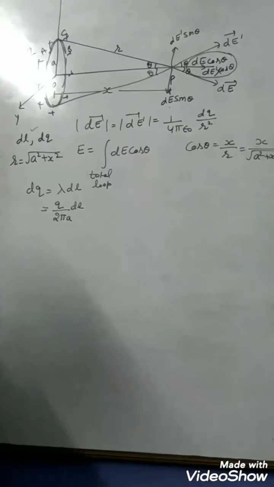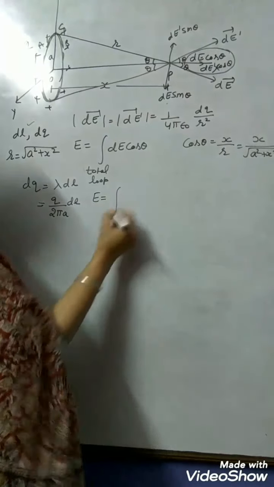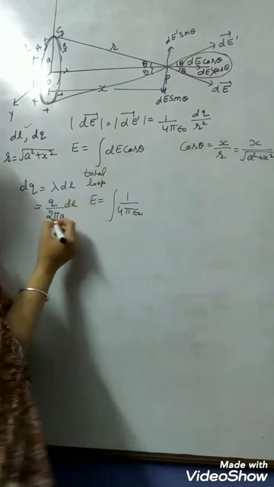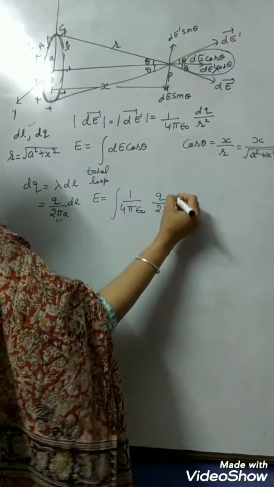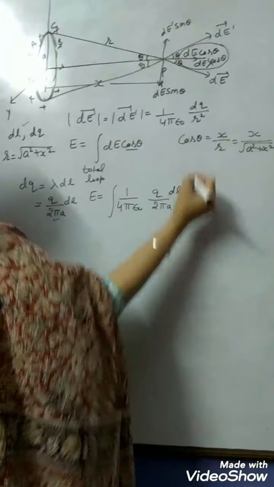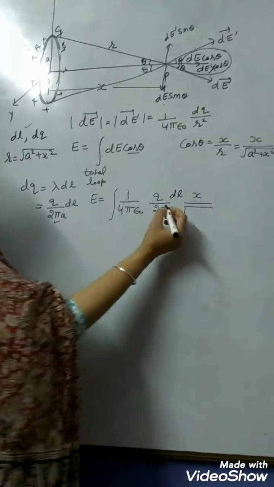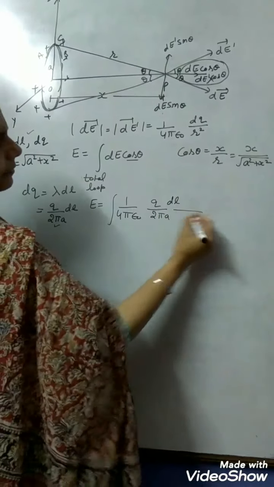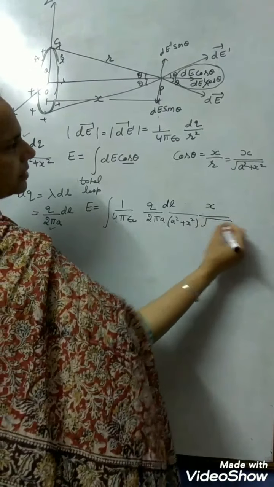Now to calculate the total electric field, E is equal to 1 upon 4 pi epsilon naught. In dq we put q upon 2 pi a dl, and cos theta is x upon the square root of a square plus x square, with r square being a square plus x square.